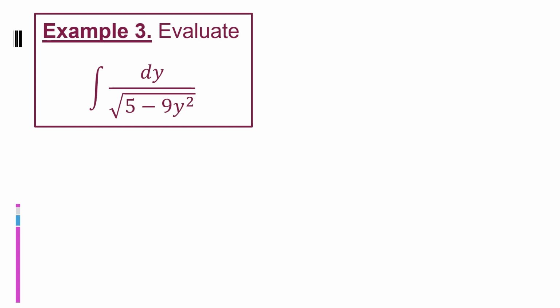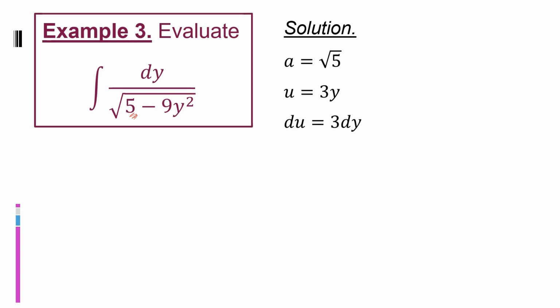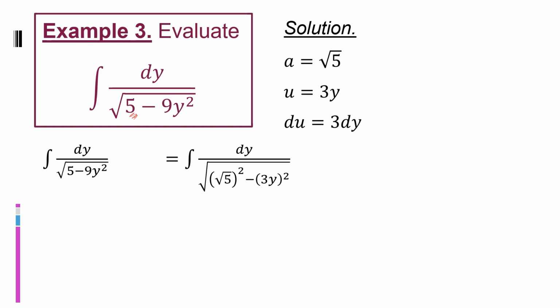Now, let's evaluate the integral of dy over square root of 5 minus 9y squared. Dito baka iniisip ninyo, hindi pwedeng gamitin kasi hindi naman ito perfect square. Pero pwede pa rin. Meron pa rin namang square root yung 5, di ba? So, we let a be square root of 5, u be equal to 3y, and du is equal to 3 dy. So, that is now equal to the integral of dy over the square root of the square root of 5 squared minus the square of 3y.